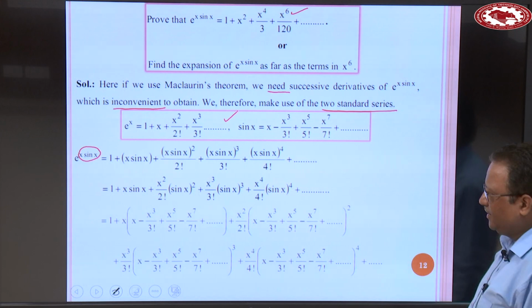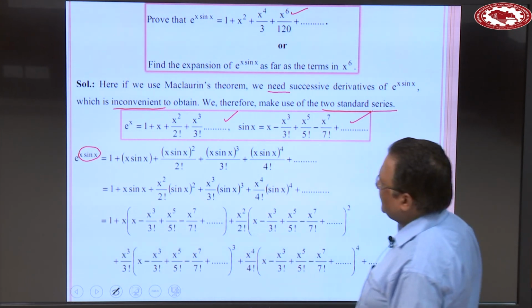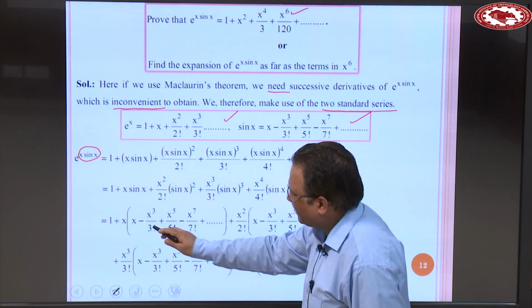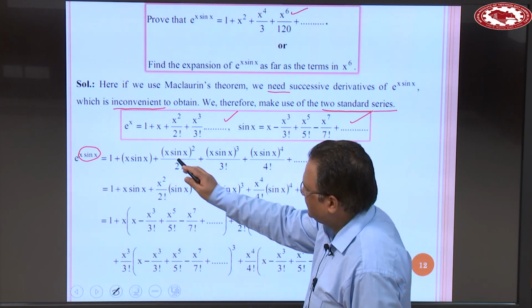Now, use this expansion, sin x is equal to this result. So, this bracket term is x minus x cube over 3 factorial plus x5 over 5 factorial minus and so on. This one is sin x.